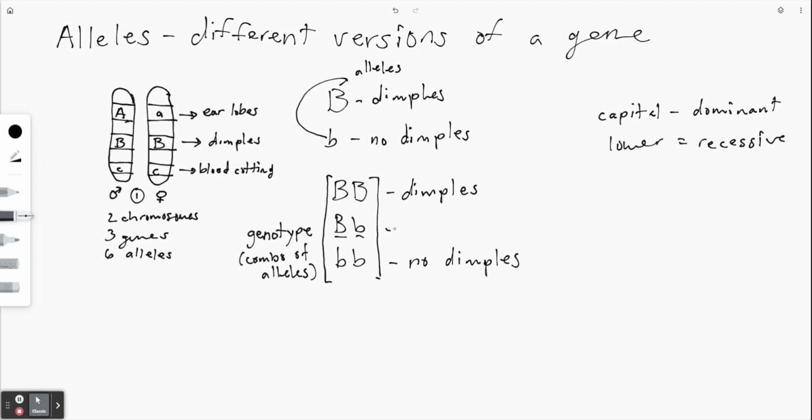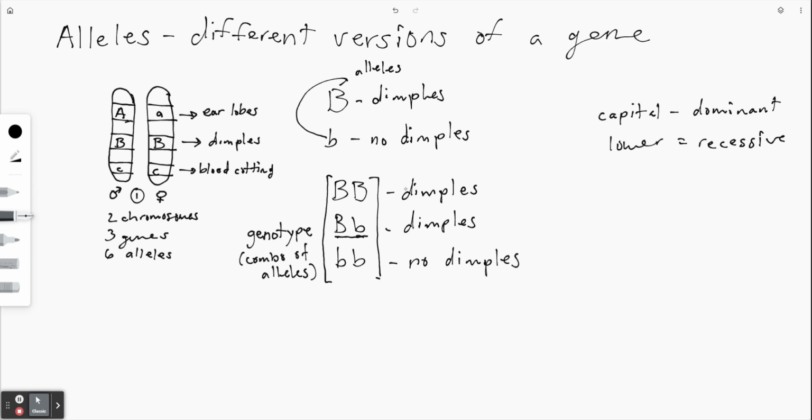What it means to be dominant is that when these two are together, the dominant one, the capital letter, is going to be the trait that shows. So if this person gets a big B and a little b from their parents, they are also going to have dimples, because dimples is capital, an uppercase letter.